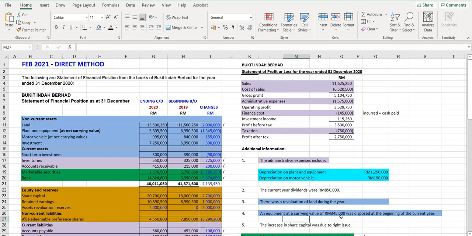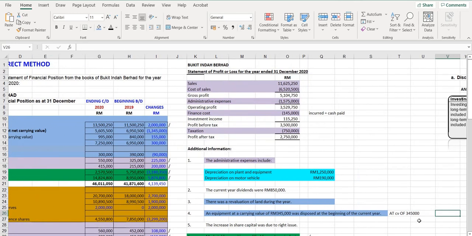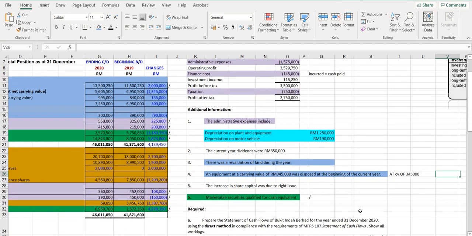So what you can conclude is that this was actually disposed of at the carrying value. At the carrying value of how much? It is also at the same carrying value of 345, because there is no information. So you would assume it was disposed of at a carrying value of 345,000.